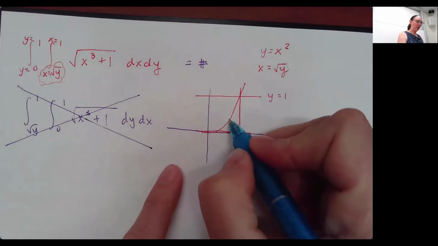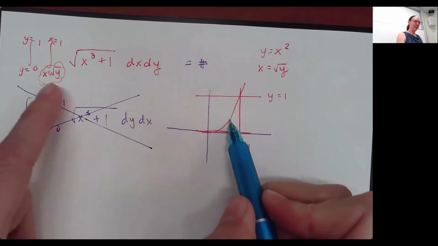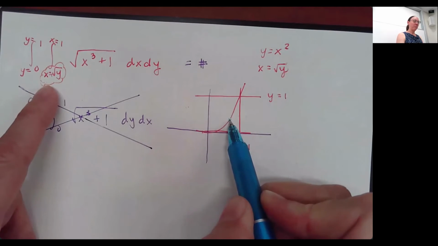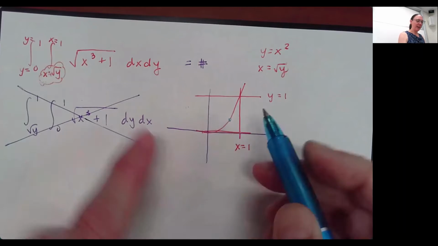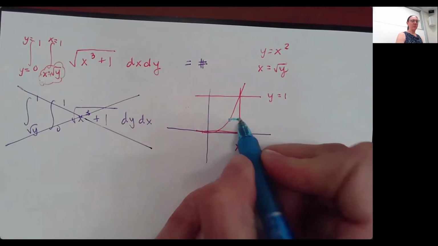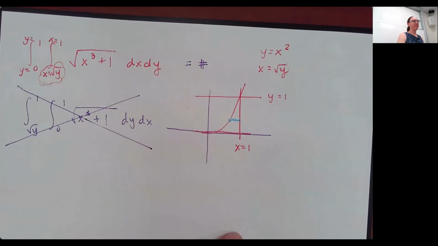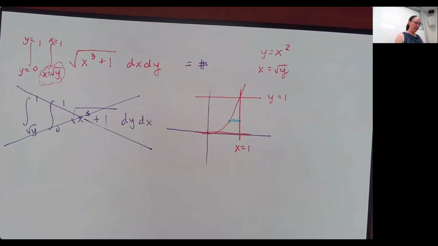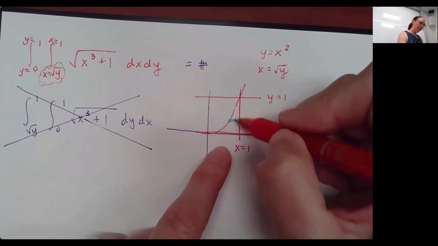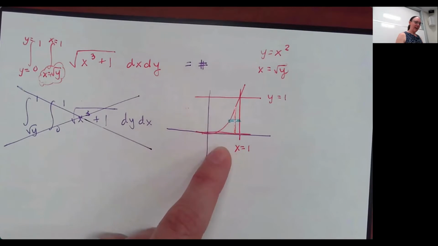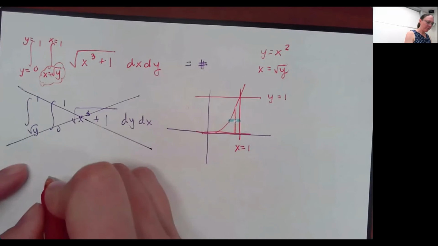So I'm going to start here on the curve that's the inside lower bound, and I'm going to move in a straight line to get to x equals 1, which means right now I have a horizontal cross section. And I have to flip that. So if I'm going to flip that, it means I'm going to end up with a vertical cross section.